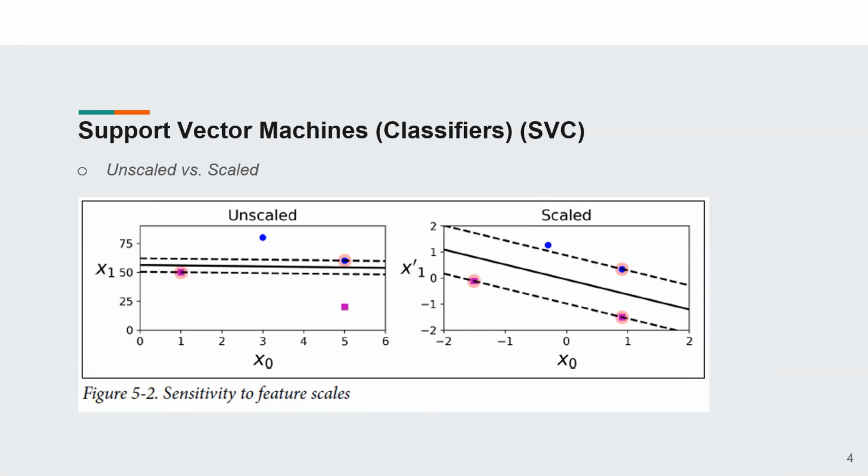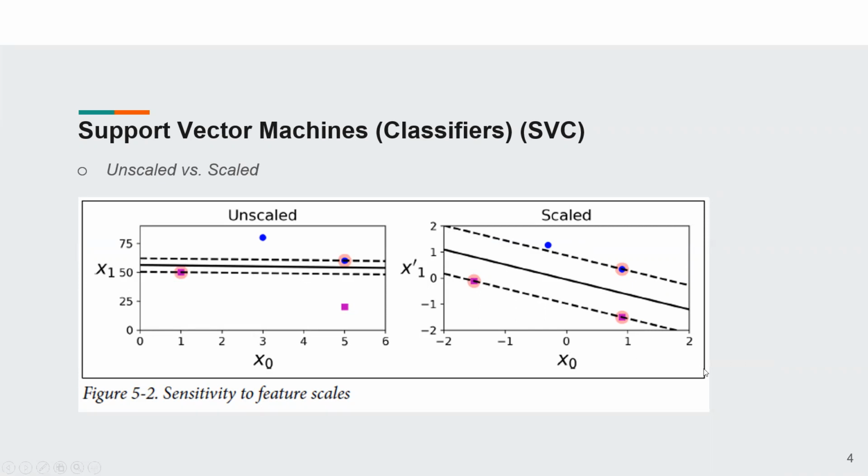This graph is trying to illustrate that it really helps if you scale your data for SVC. For x0 versus x1, x0 is running from 0 to 6, and x1 is running from 0 to 70, 80. If you don't scale, you end up with this support vector machine, and the street is not as wide.